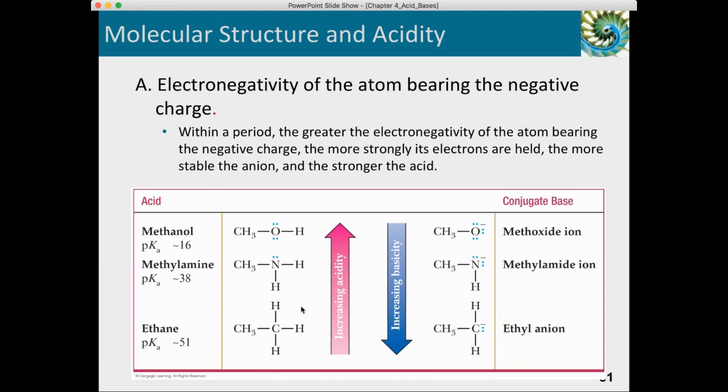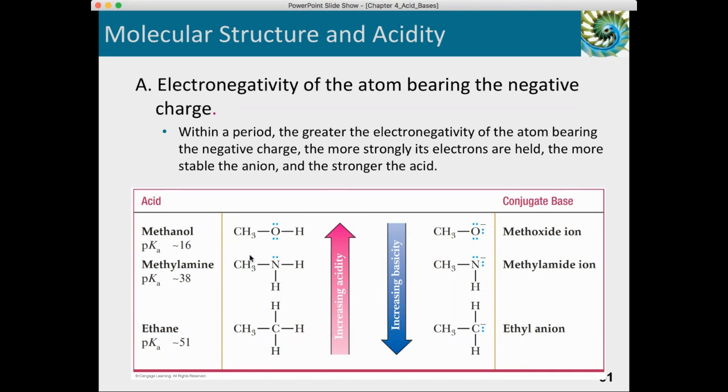So we are basically comparing methanol, methylamine, and ethane. If I want to determine which of these three is more acidic, I need to look at the stability of their conjugate bases. The first thing I need to do is draw the conjugate base of each one. Here is the acid; the conjugate base is formed by losing the most acidic proton. That is the methoxide ion, the conjugate base of methanol.